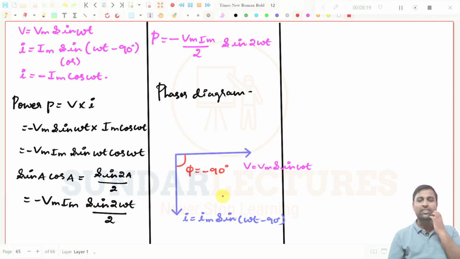So this is the phasor diagram for the purely inductive circuit, which means you have to understand one thing very clearly. If it is a purely inductive circuit, then your current lags the voltage by 90 degree. By default, in a pure inductive circuit, the current will lag the voltage by 90 degree.